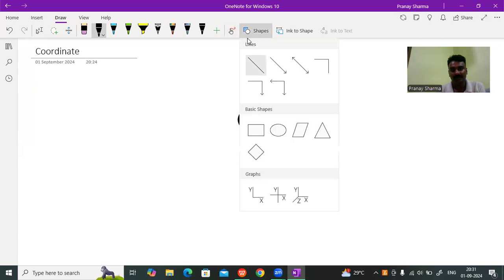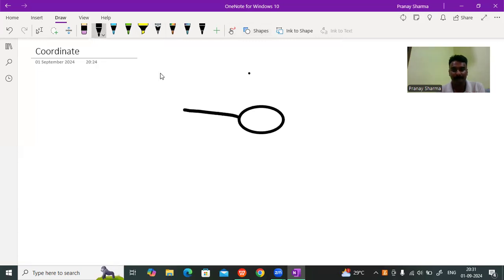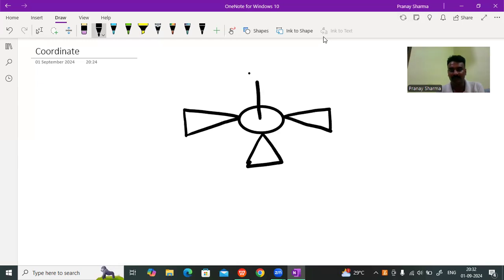I'm not exactly that good with drawing, but I'll try to have one drawing for you. Although it is looking like toffee or chocolate, let us say this is the fan, right?